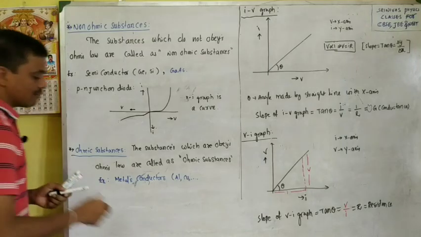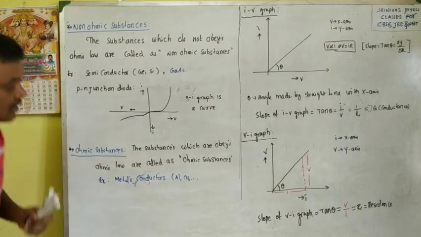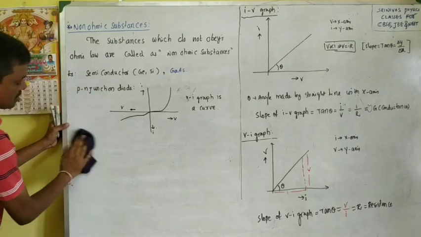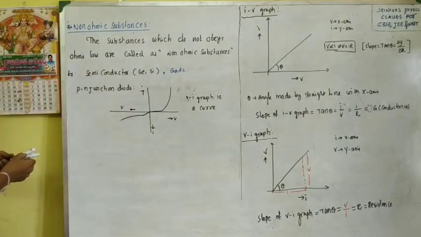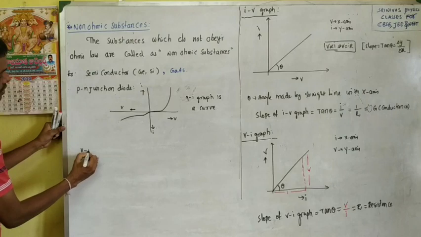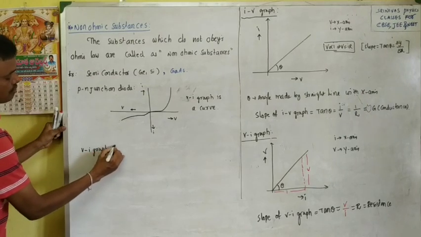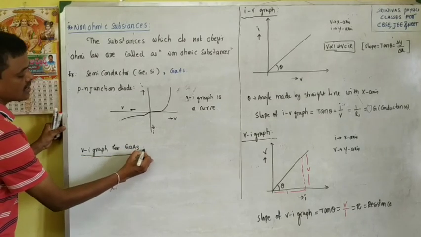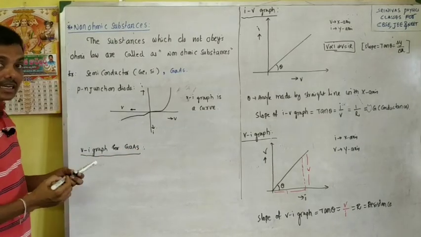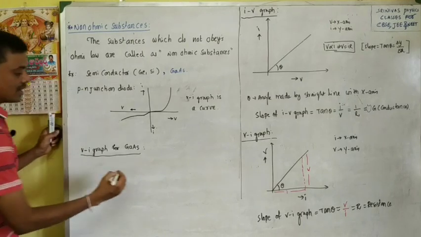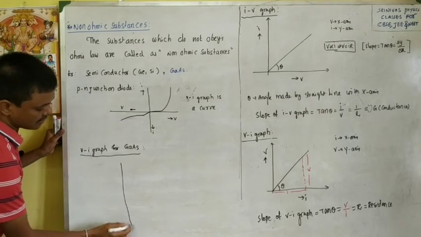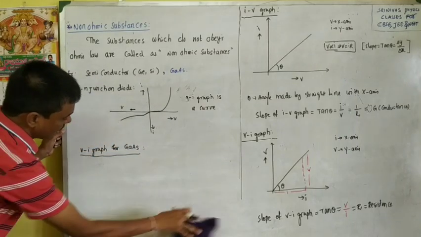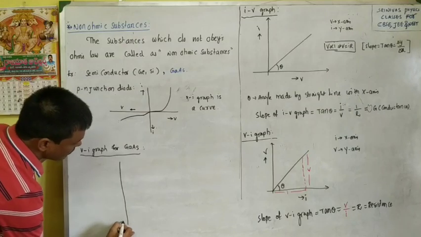For example, if we draw the VI graph for gallium arsenide, GaAs, how will you get it? Let us take V on the x-axis and I on the y-axis. The graph we will get is like this.